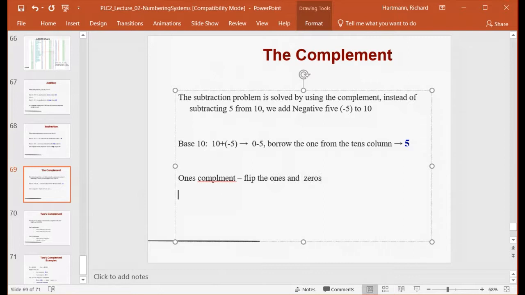So 10 in binary is 1010. If you flip that, you're going to get 0101. And 5 in binary is 0101, and you flip that and you get 1010. And that would be the ones complement.